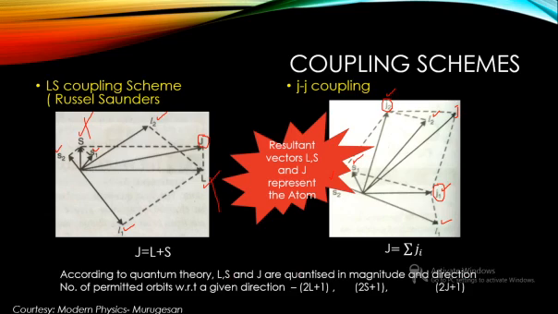Not all the values are possible, and the number of permitted values is 2L plus 1 for L, 2S plus 1 for S, and for the total angular momentum it would be 2J plus 1. This 2S plus 1 is called the multiplicity in terms of spin.